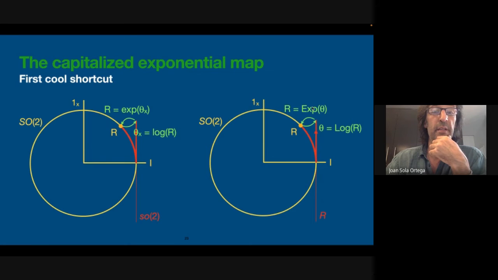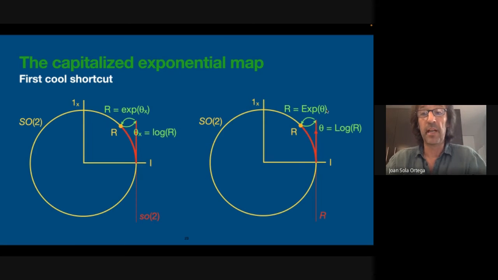You can see this is a shortcut. So from this definition, you take theta, you construct the skew-symmetric matrix by adding this operator cross, and then you do the exponential. It's like a two-step function, and this is a shortcut. It makes the same thing in one go.